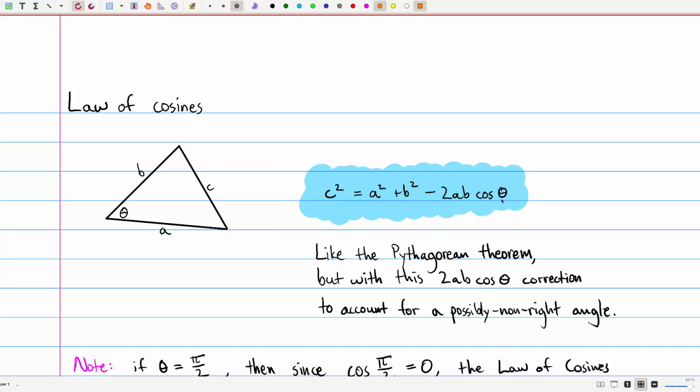So what you should remember is that if theta is the angle that we care about, then the two adjacent sides to it are the two sides that appear on the right-hand side of the law of cosines, and then the last side is squared and all by itself on the other side of the equation. So, like I said, it's like the Pythagorean theorem, but it has this 2ab cosine theta correction. It's to account for this possibly non-right triangle, or non-right angle.